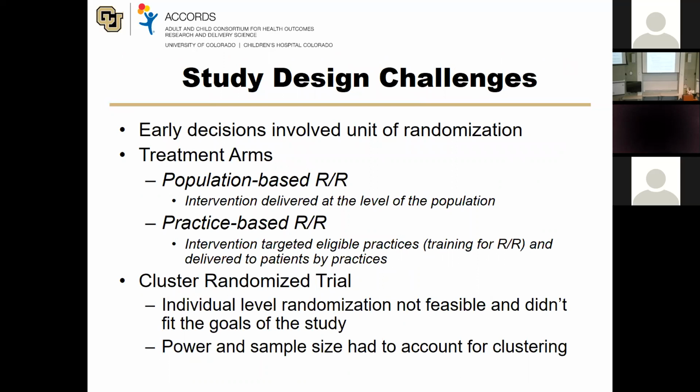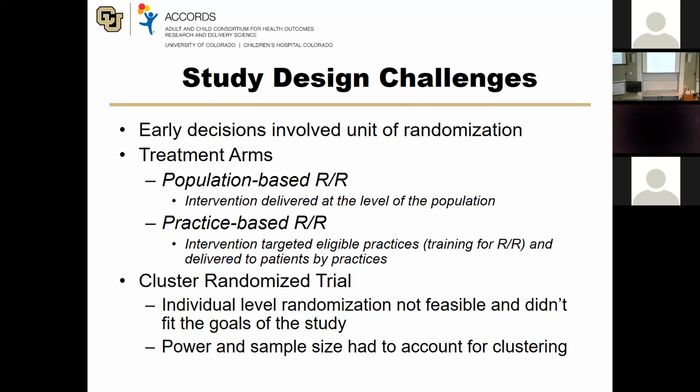So some of the initial study design challenges, early decisions involved what was going to be the unit of randomization. When Allie initially conceived of these approaches and wanted to do a fair comparison in a very population-oriented way, what are these decisions?